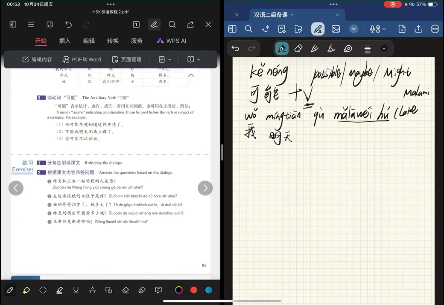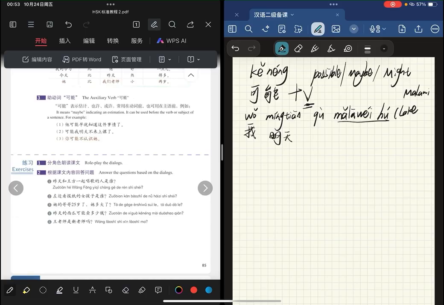我明天去马拉维湖, okay? But I'm not sure if I will really go. So then I can add 可能. Where did we say 可能 should go?